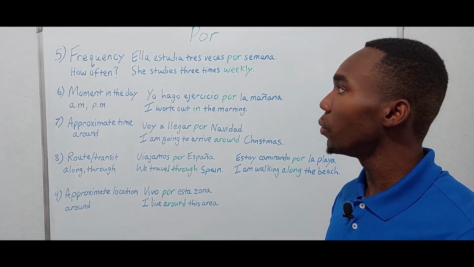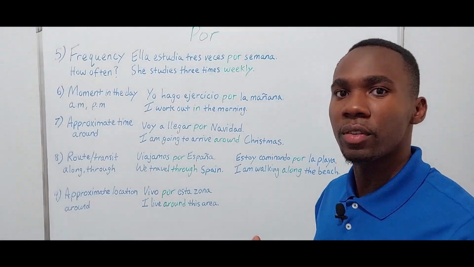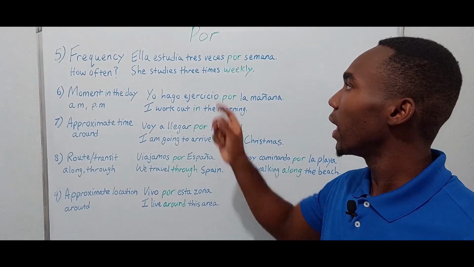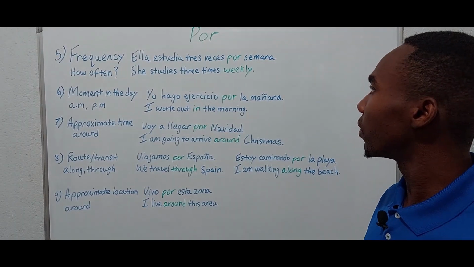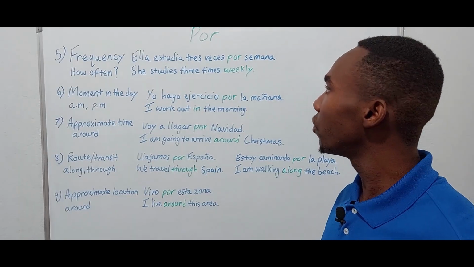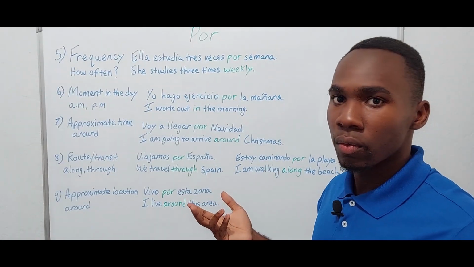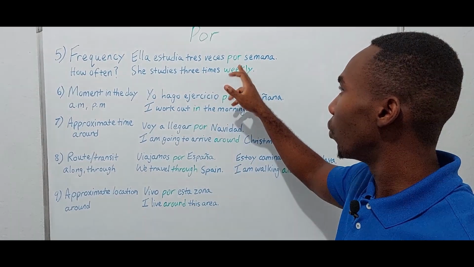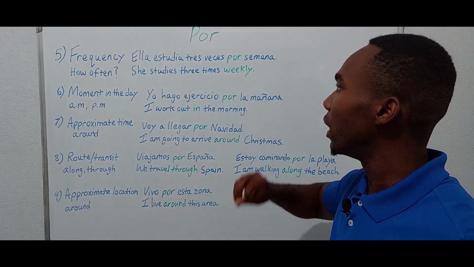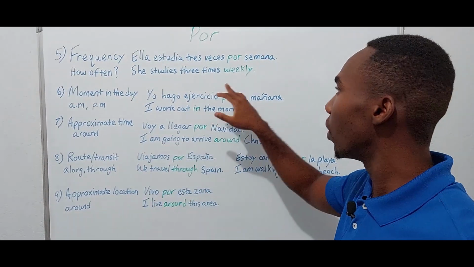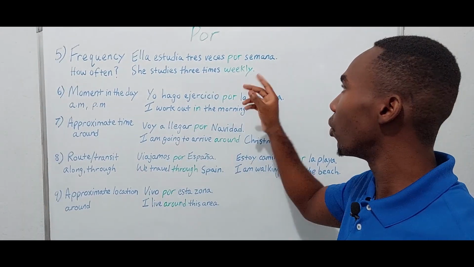So we use por when we want to express frequency, so how often an activity is performed. Ella estudia 3 veces por semana. She studies 3 times weekly, or every week. So por, whatever follows por in this case, is going to give you how often the activity is performed. So if I want to say yearly, I would say por año.